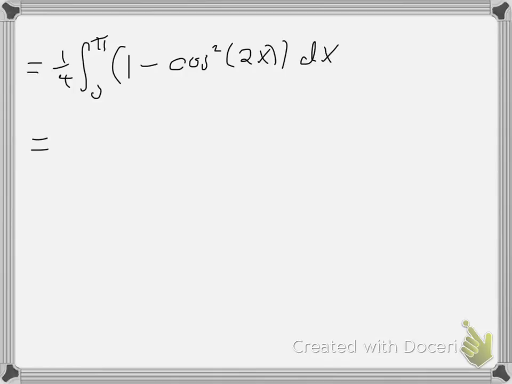Now, of course, with this cosine squared of 2x, we can use the power reducing formula again.